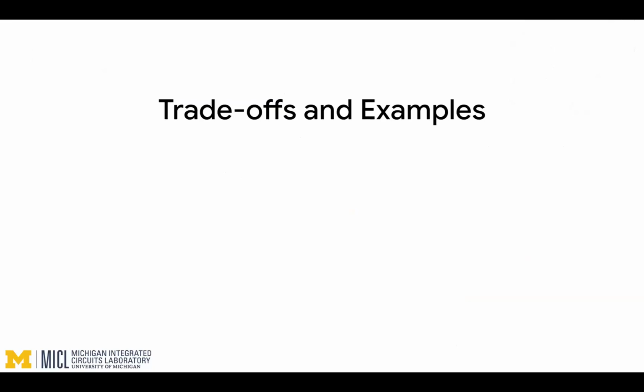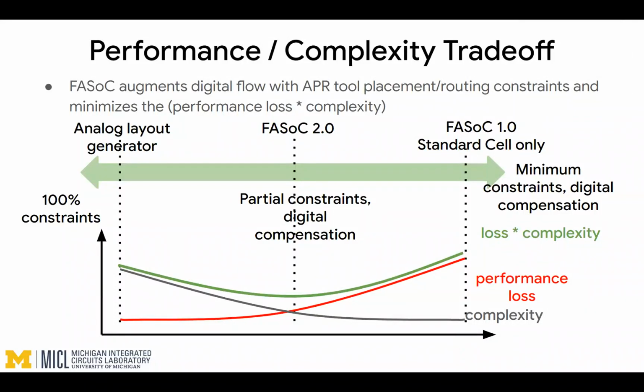Now, since we've looked at the Open FASOC framework and how to leverage the digital flow to perform the analog layout generation step, in the next slide I'll try to explain a little more about the trade-offs and examples of how this is done. I really like this diagram because it summarizes where FASOC, which uses the commercial tools, is today or has been.